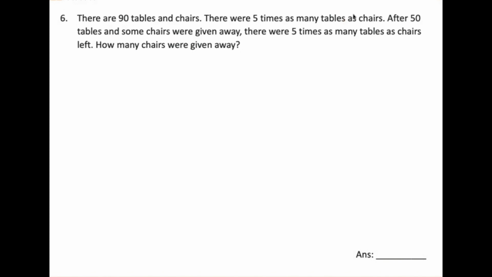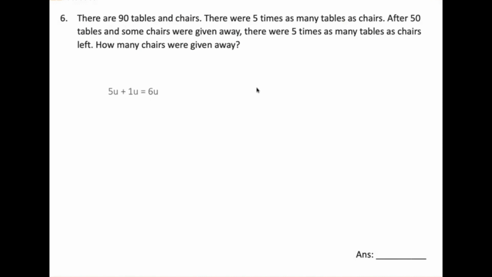You can draw a model if you want to, but I don't think you need to. If you draw a model, it means there's 5 units for table and 1 unit for chair. But I don't think at Primary 5 you need to do that. You can visualize this pretty easily. So altogether, tables and chairs add up to 6 units.